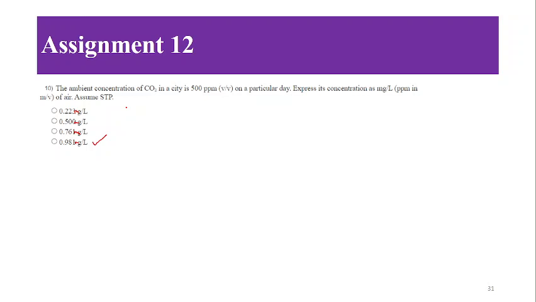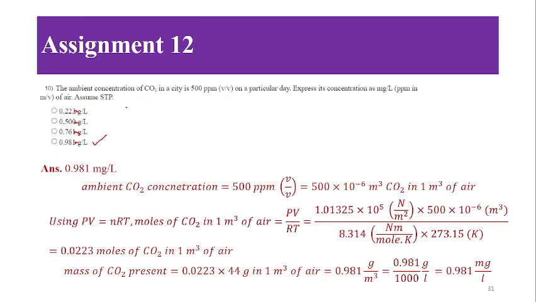How you calculate that is using this relation. Firstly, we need to understand the meaning of ppm volume by volume. So ppm is parts per million. So 500 parts of CO2 in 10 to power 6 parts of air.